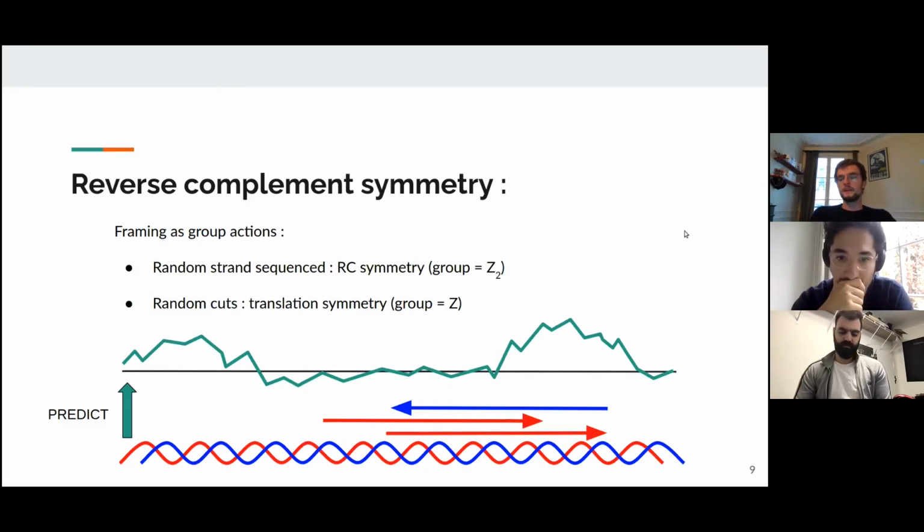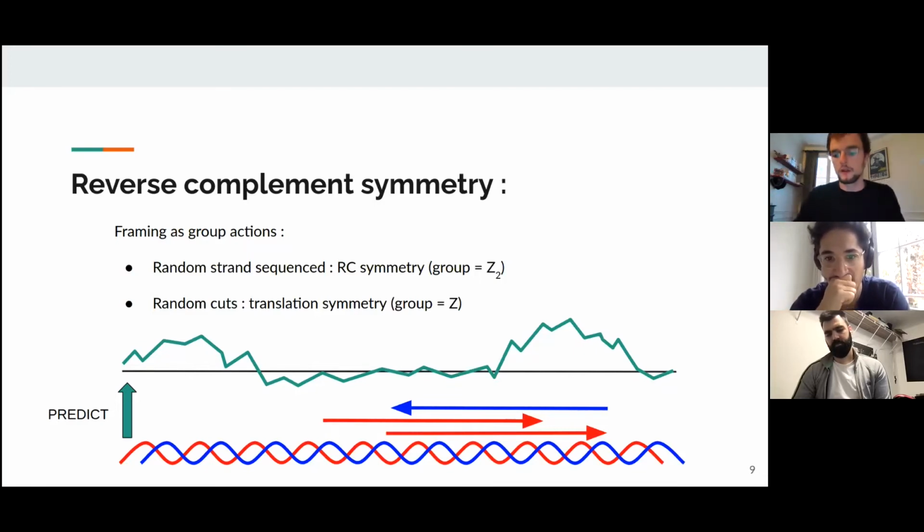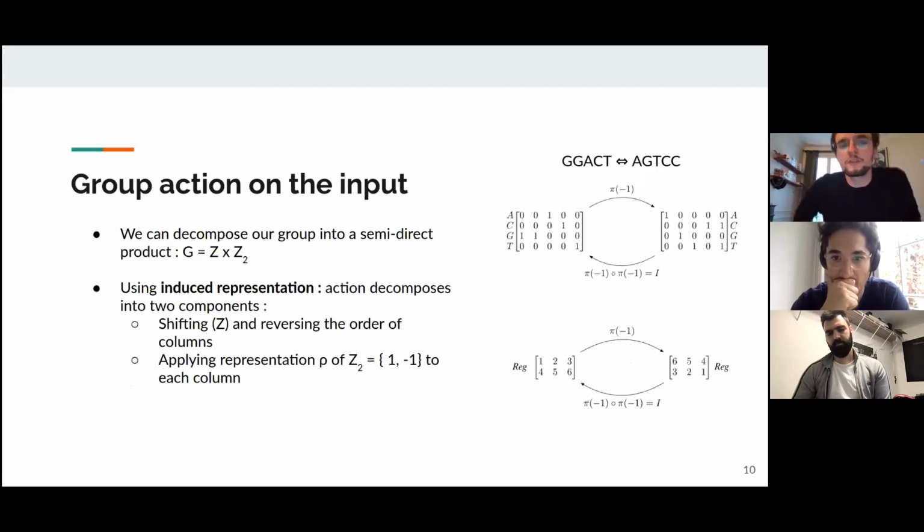And that looks like the group Z2, which is kind of the smallest group, because given a sequence, you can get the other sequence by making some kind of flip. And then if you flip that flip, so if you take the reverse complement of a reverse complement, you get the input sequence. So it's homomorphic to the group Z2. And so the resulting group action on the input can be decomposed into what's called a semi-direct product group.